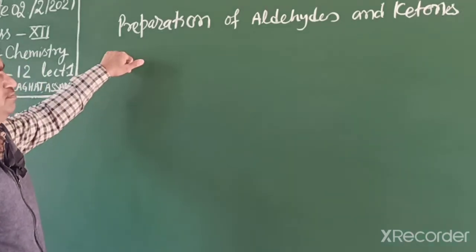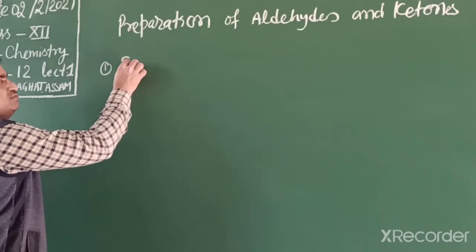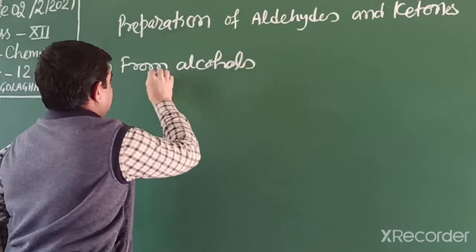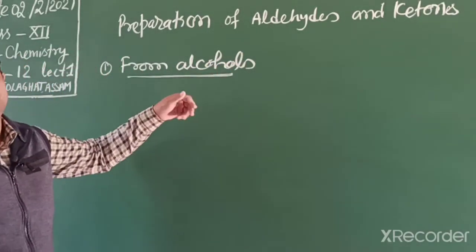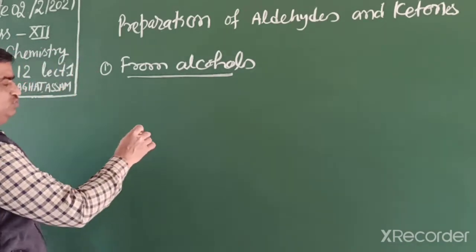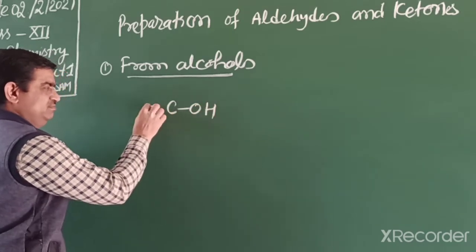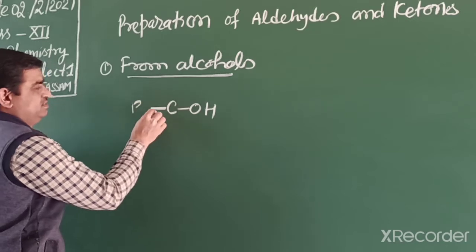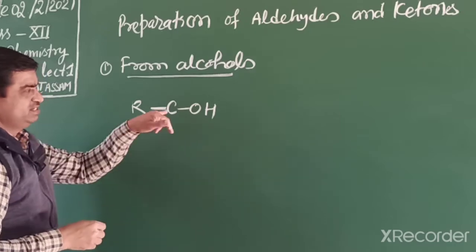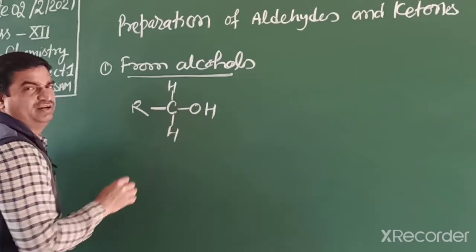First method, preparation of aldehydes and ketones both from alcohols. This type of reaction we already studied in the alcohol chapter. Now we only revise. If the alcohol is primary, like this, where R and OH are attached, and that carbon has one more carbon attached, that alcohol is a primary alcohol.